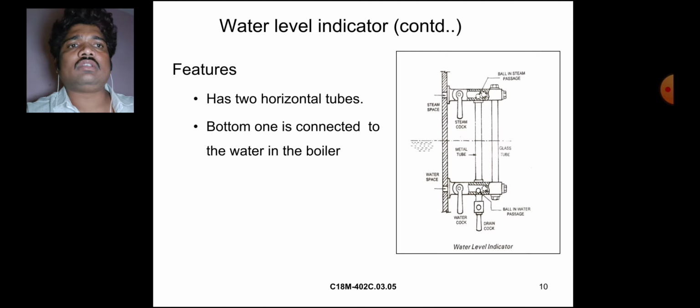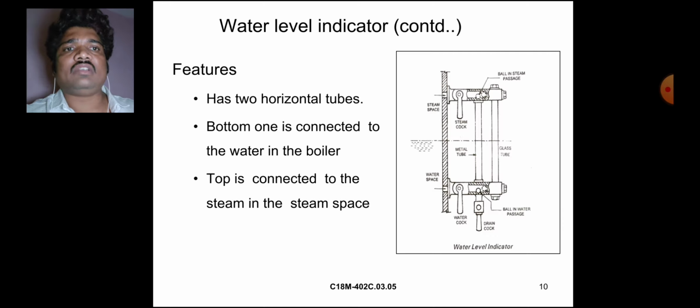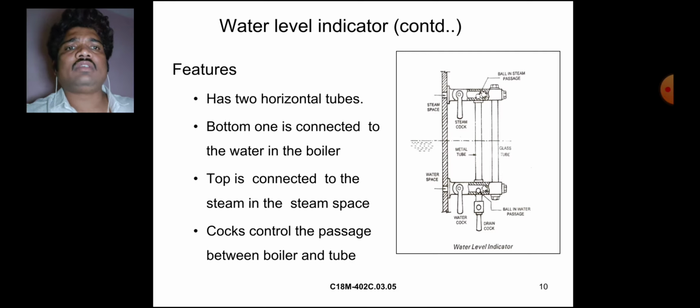The top one is connected to the steam in the steam space. Cocks control the passage between the boiler and the tubes.